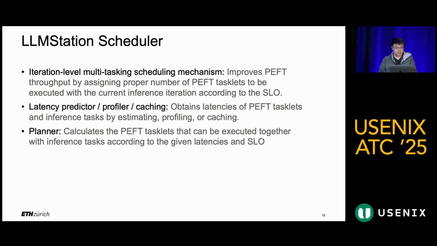To achieve this scheduling mechanism, you need to obtain the latency of the PFT tasklet and inference task by estimation, profiling, or caching. The details are included in the paper. With the given latency and SLO, the planner can calculate the PFT task list that can be executed together with the inference task.